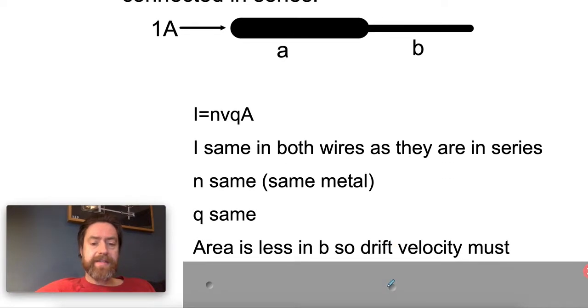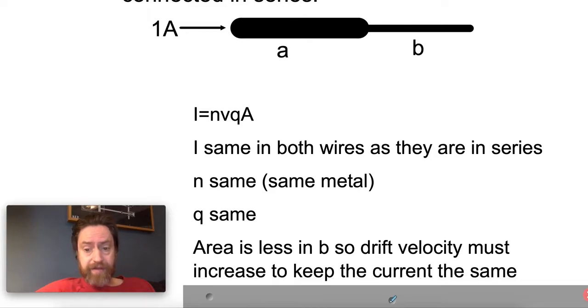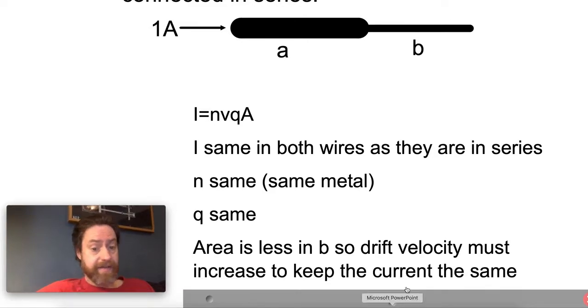And then I'd say something along the lines of the area is less in B, so the drift velocity must increase to keep the current the same. Approaching it this way lets you answer all sorts of questions related to this equation. So I'm going to go on to the next slide with a slightly different example.